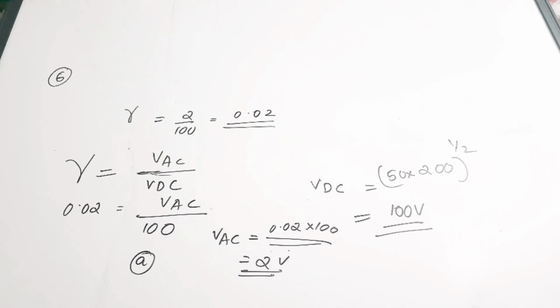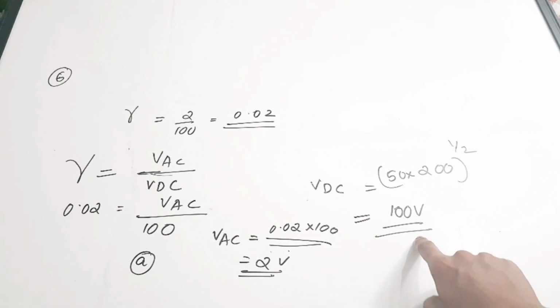In order to find that, first you have to find the value of your DC voltage. You can use the relation of power and voltage, that is P is equal to V square by R. By applying that, you will get the DC voltage as 100 volt.